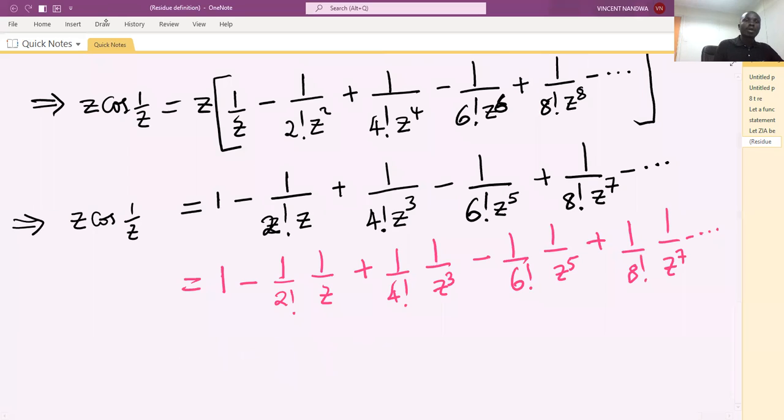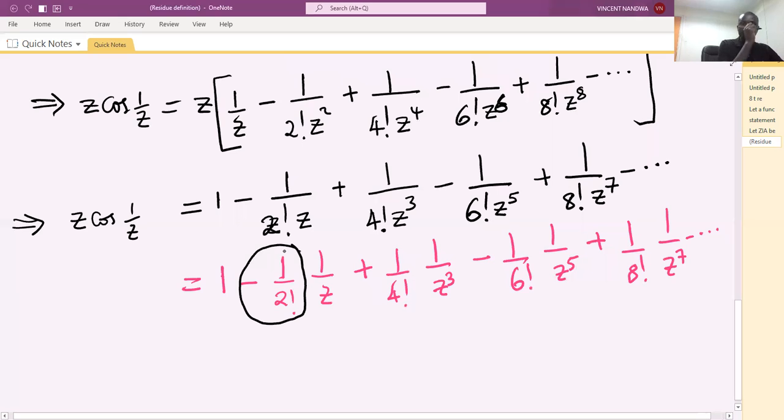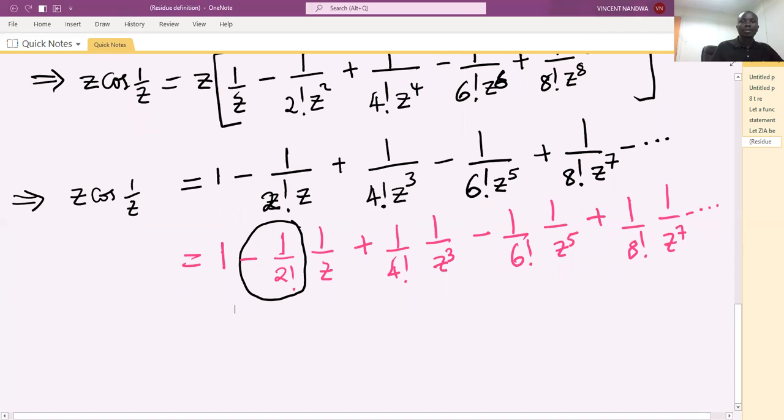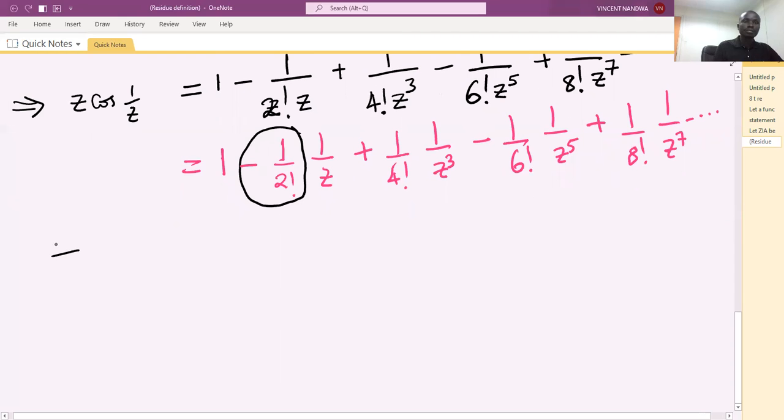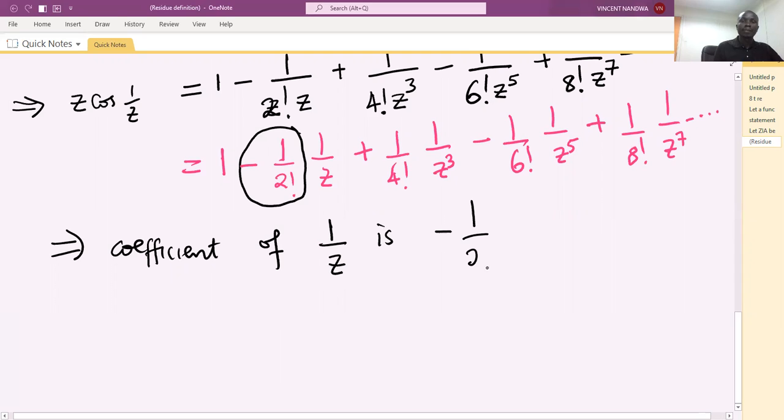So our coefficient of 1/z is negative 1 over 2 factorial, which is just negative 1/2.